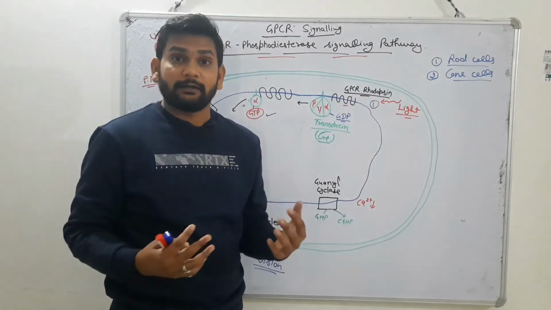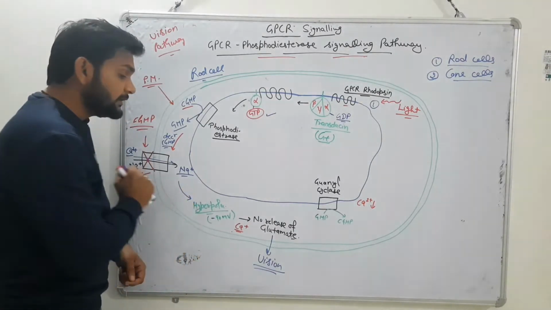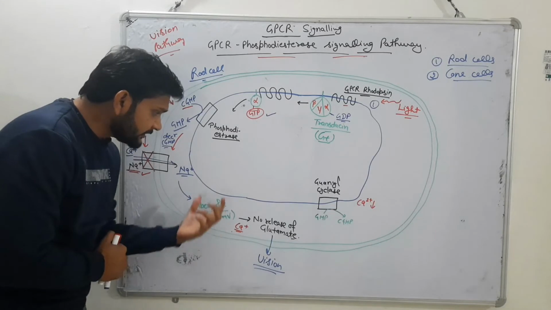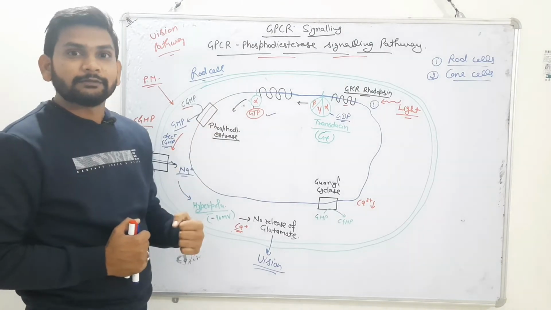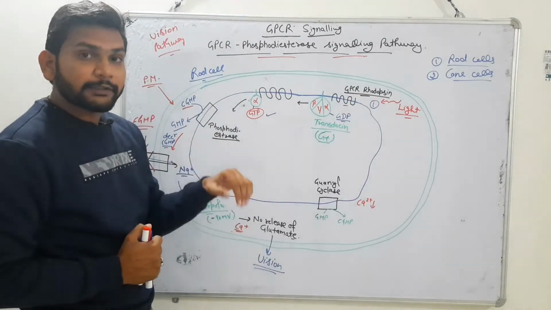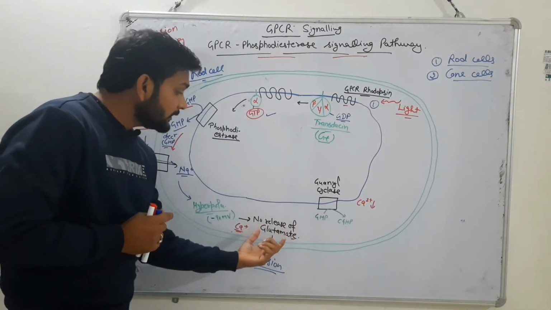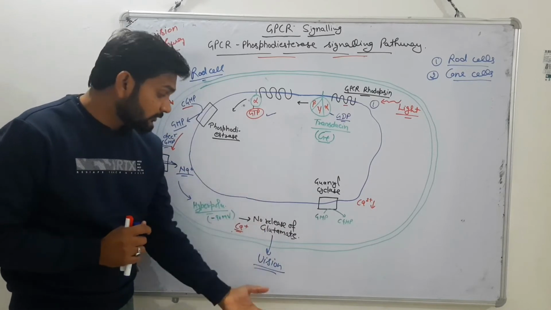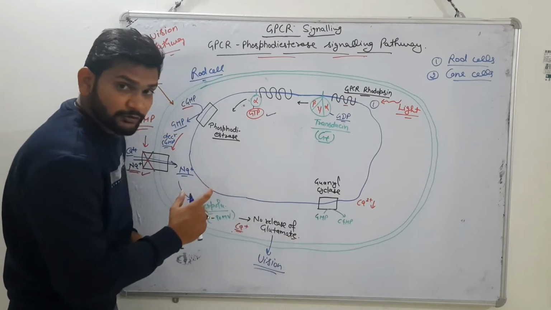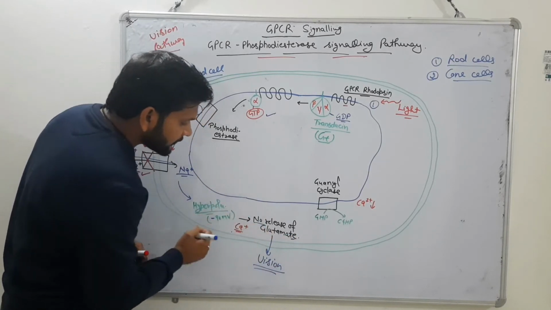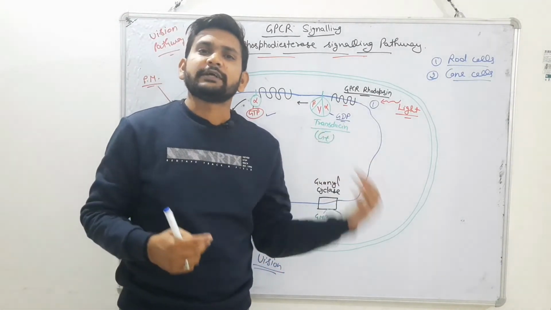In the dark, no hyperpolarization takes place; depolarization takes place, and calcium also enters into the cells, and there is release of glutamate, which means there is no vision.